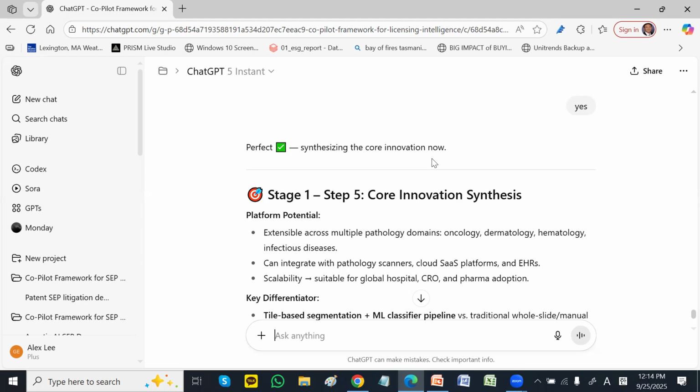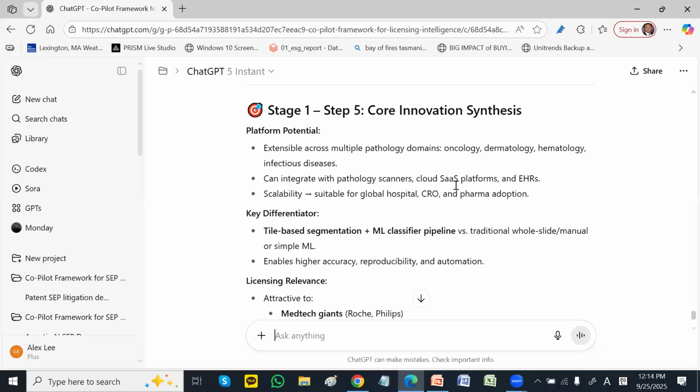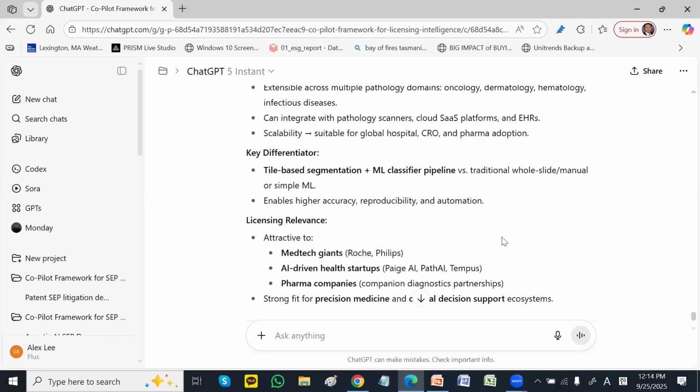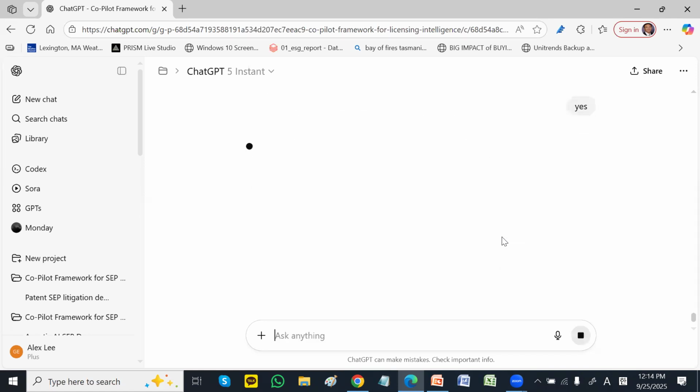So the result will be completely different. And then it tries to find out, market-wise and IP-wise, all kinds of interpretation that can be done. And then it just gives you the summary of what has been done, right?